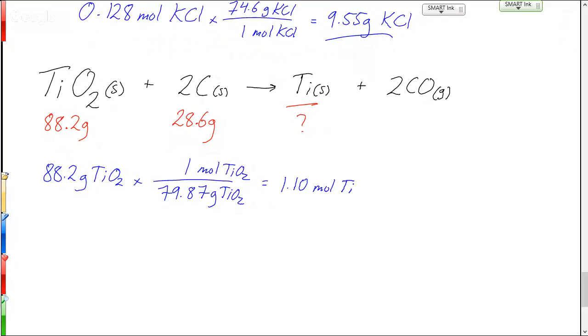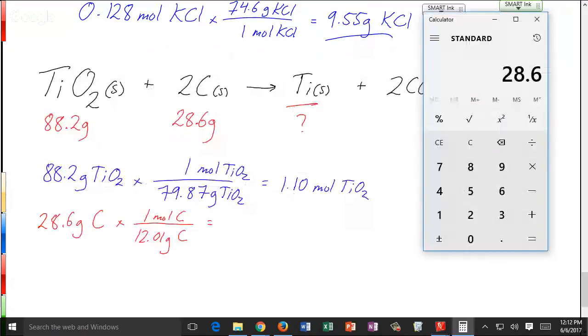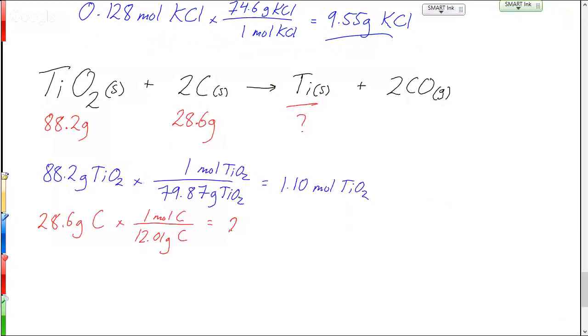So you get 1.10 moles. And then we do the same thing for carbon. We got 2.38 moles of carbon.